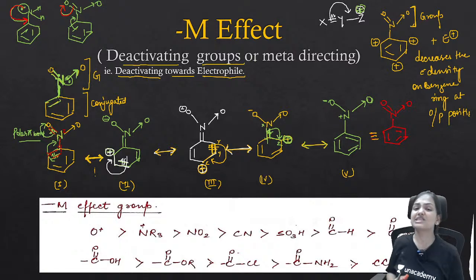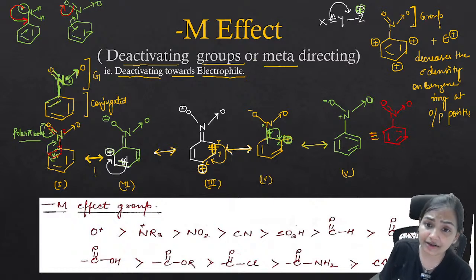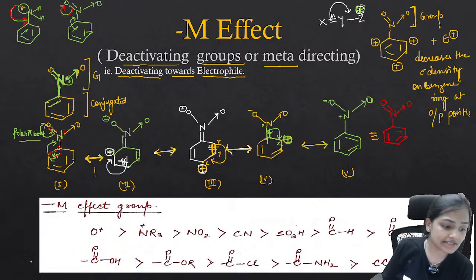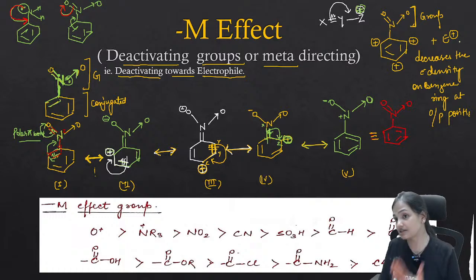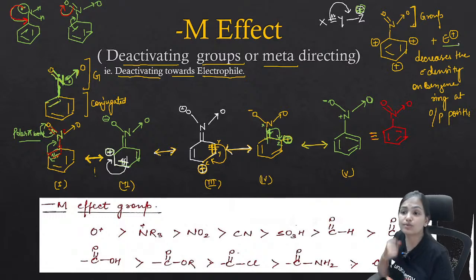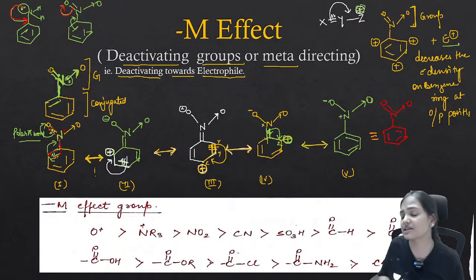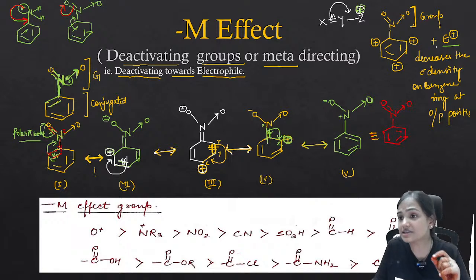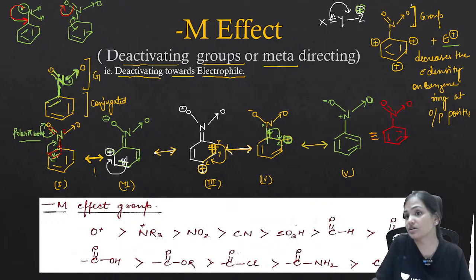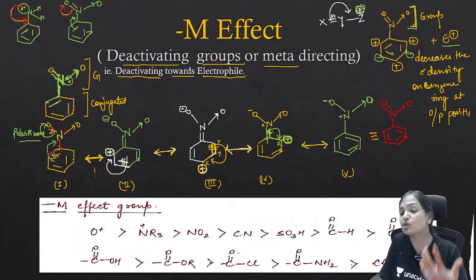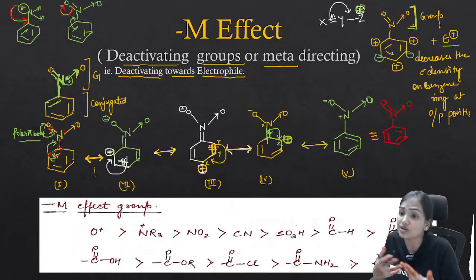Now the question is, why is it known as meta-directing? Guys, this is known as meta-directing because of one certain reason. If in case this electrophile says no, I want to attack, I want to react, which is the position where this electrophile can react? In the presence of this particular group, the electrophile can only attack at this particular position, because relatively, we know benzene as an individual is nucleophilic.